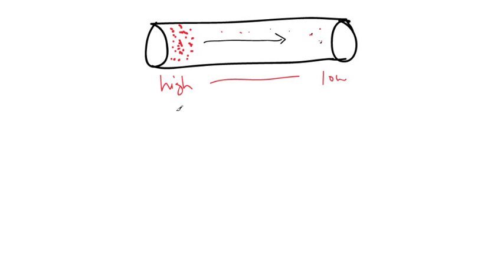It can be drawn and symbolized sometimes like this, essentially a triangle, where the higher the area of the triangle, the higher the concentration of the molecule, and the lower the area of the triangle, the lower the concentration.